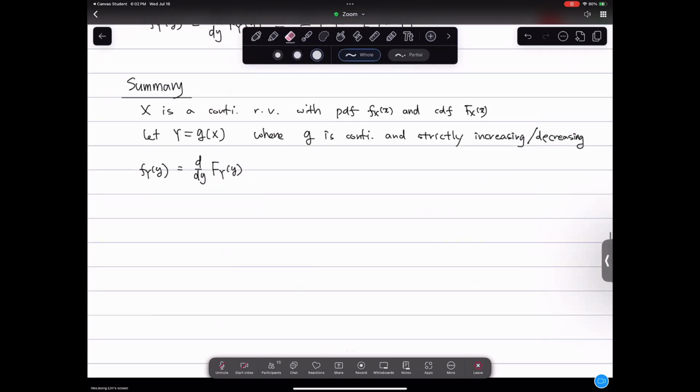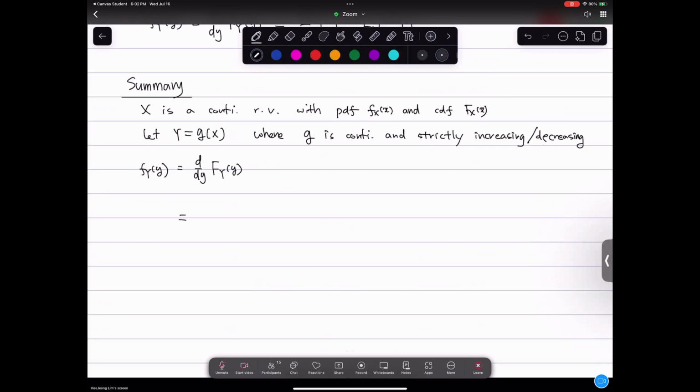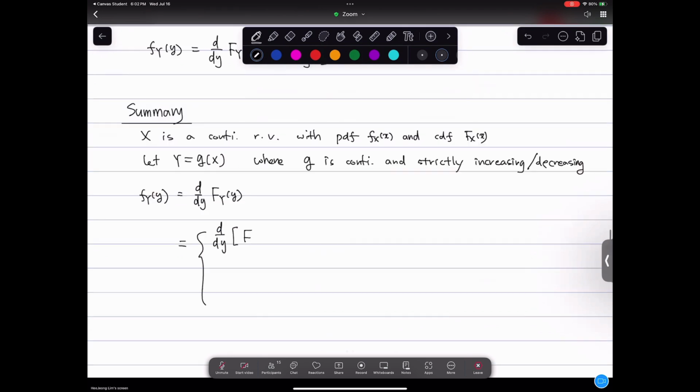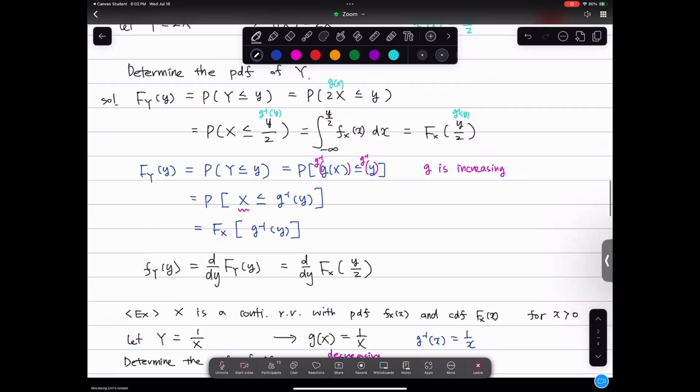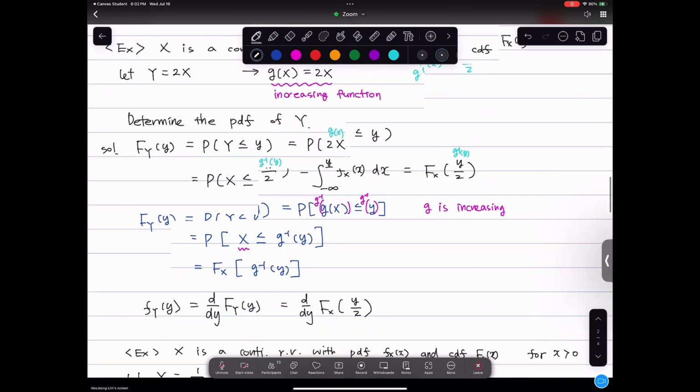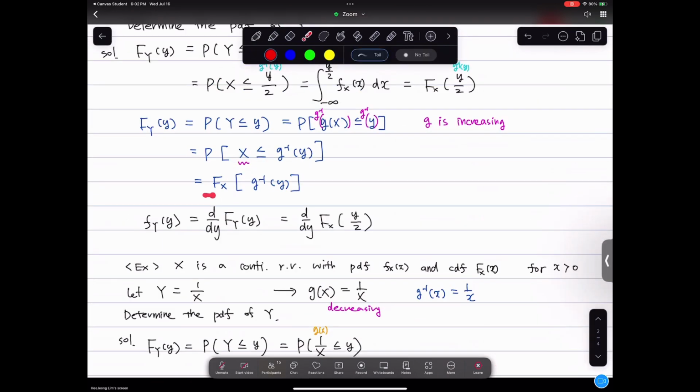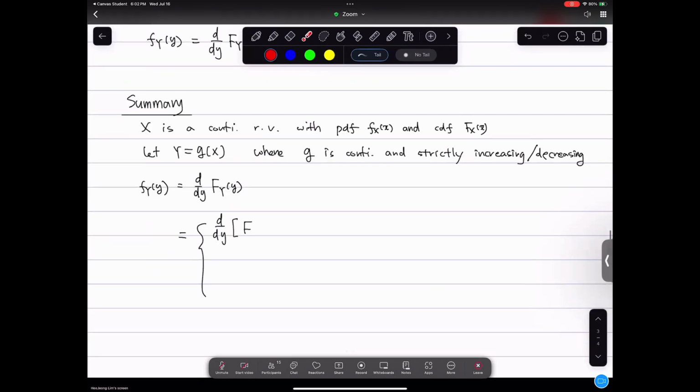So that becomes the derivative of f of, let me go back up here again. This is my derivative for increasing function here in general. So f of x, the CDF of x, and G inverse of y.